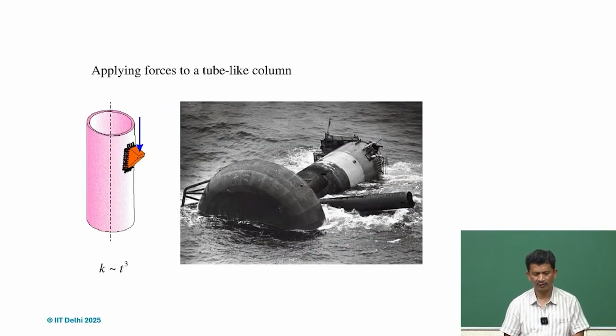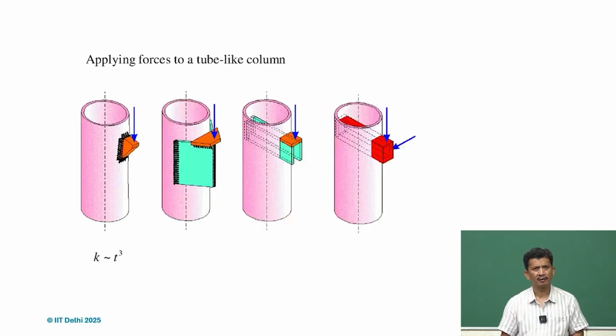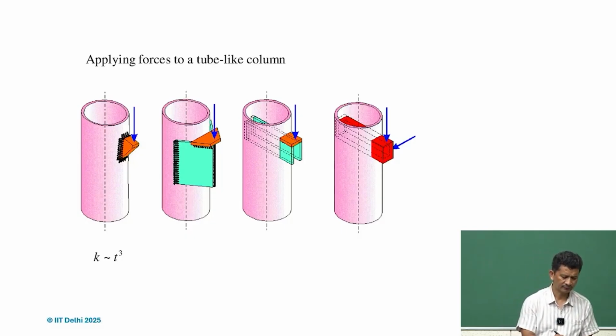And there are some examples of catastrophic failure, and many people died in the past. So whenever we have these kind of designs and make these kind of structures, we have to be careful. And if we really have to support some load, it is very important that it should be circumferential.